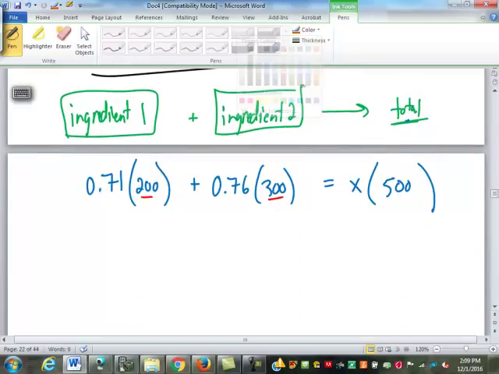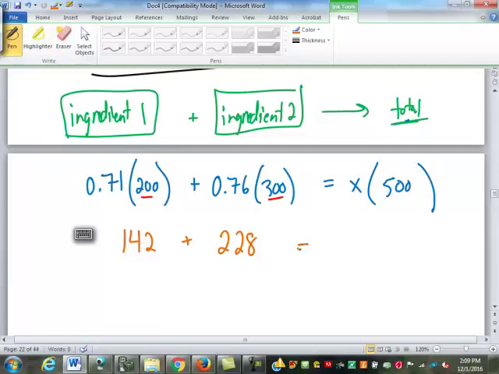So now we'll take 0.71 times 200 is 142. 0.76 times 300 is 228. You're right. I'm wrong. 228. Then X times 500 is 500X.